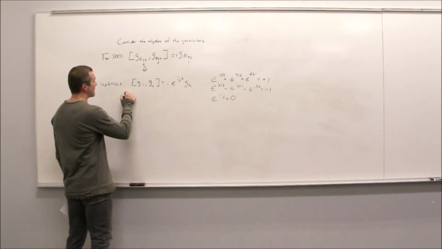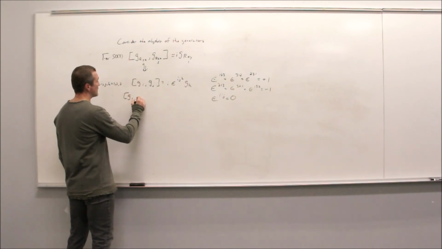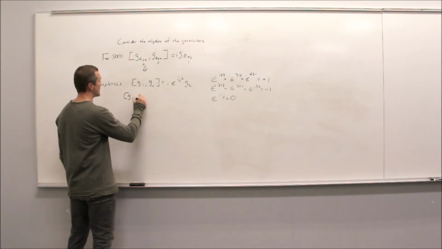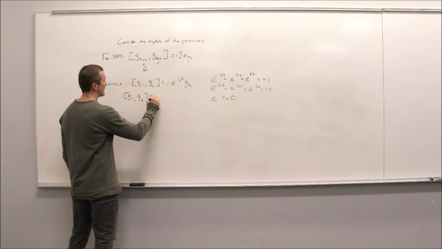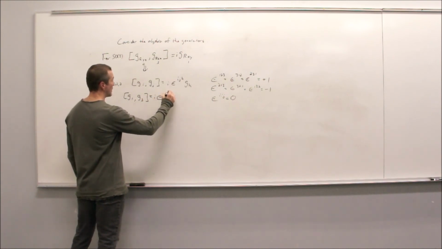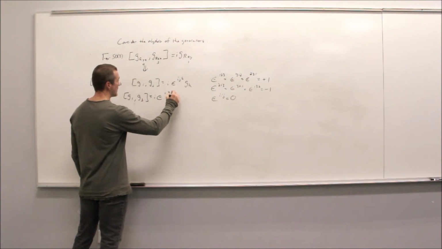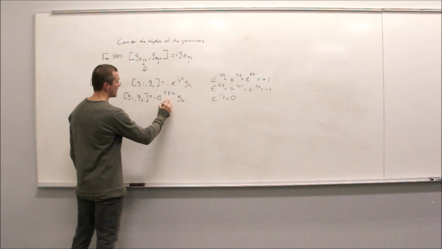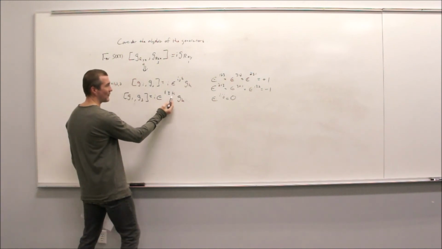So for example, if I do [G_1, G_3], this is going to be i epsilon_13k G_k. Well, what value can k have? 2. It can be 2.